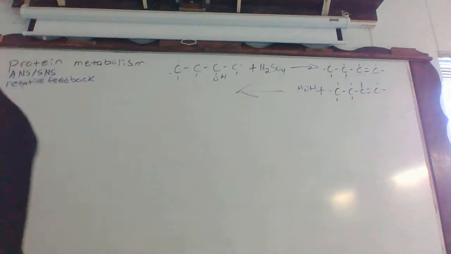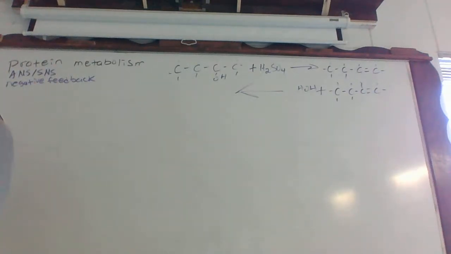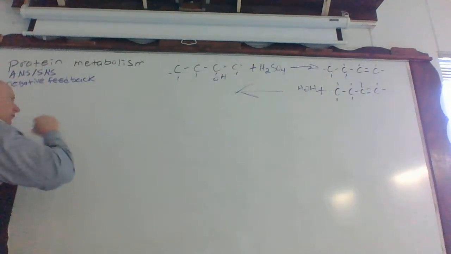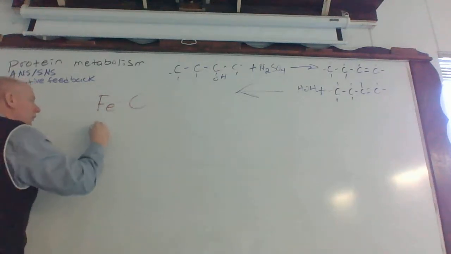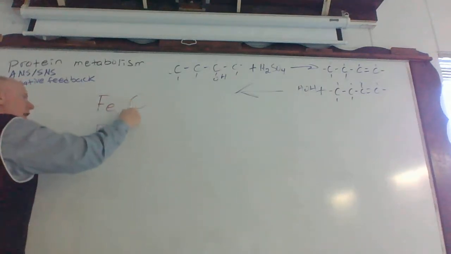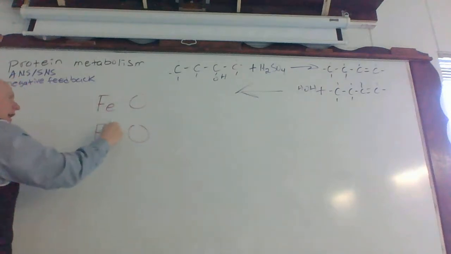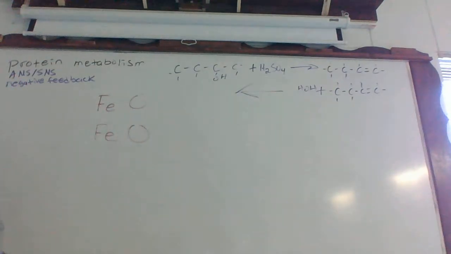let's say we talked about rust and iron 2 oxide. What's the difference between iron 2 and iron 3 oxide, for instance? If this is iron 2, how do we make this one iron 3? Okay?